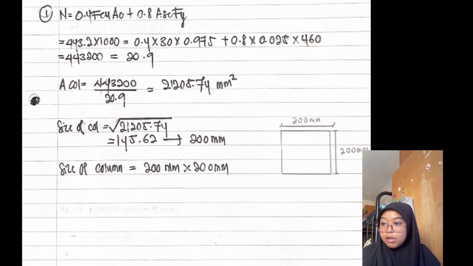So by the area of column that we get, we can search the size of column. The size of column that we get is 145.62, and then we take the 200 mm size of column. So the size of column that we use is 200 mm by 200 mm.